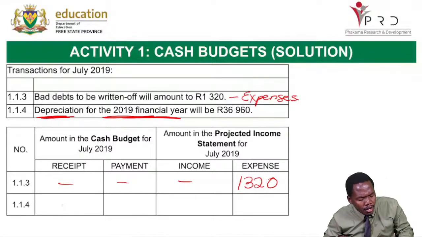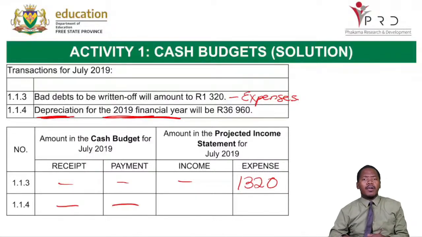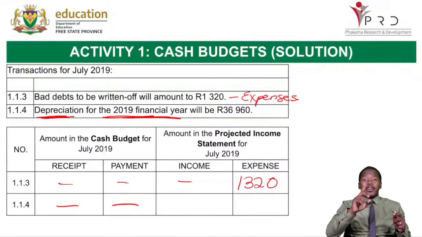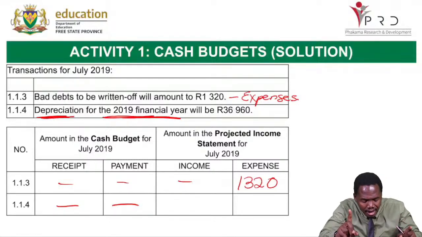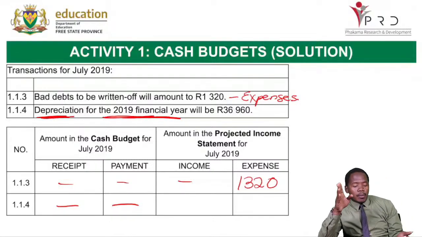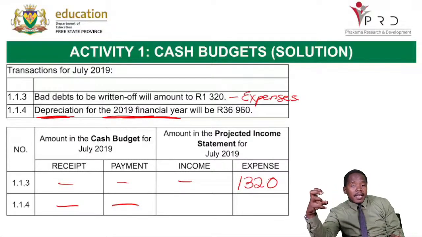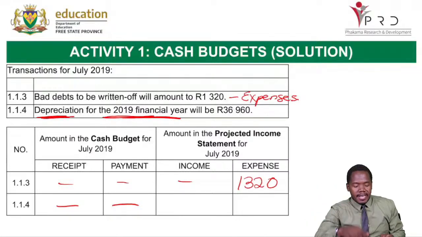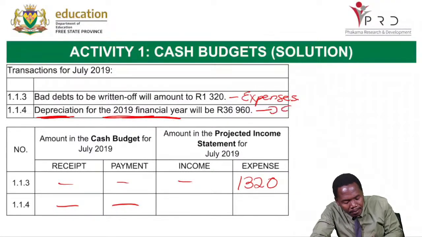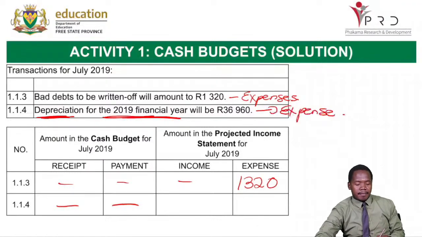The answer would be no. So we don't record anything under cash budget. But depreciation is part of your projected income statement. Now, is it going to be an income or an expense? Yes, the answer would be depreciation is an expense.